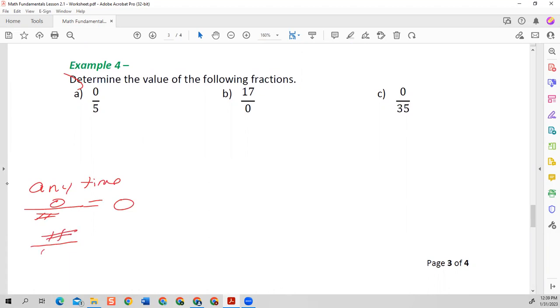Anytime 0 is in the denominator, no matter what's in the numerator, this is undefined. So A is 0. B is undefined. C is 0.